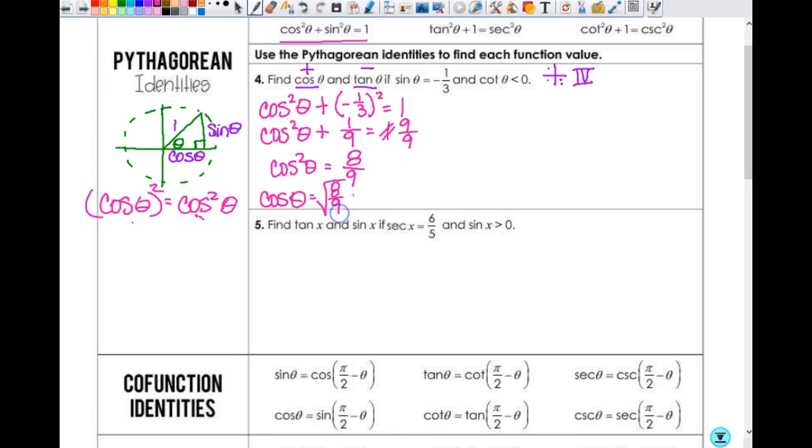I can take the square root of the denominator, it's 3. I get the square root of 8 in the numerator. What's the square root of 8 reduced? 2 square root of 2 over 3, and since it's in the fourth quadrant, cosine is positive. So this is cosine theta.